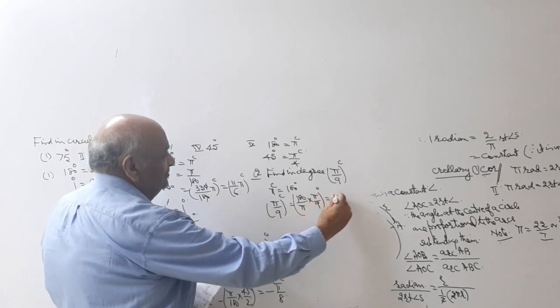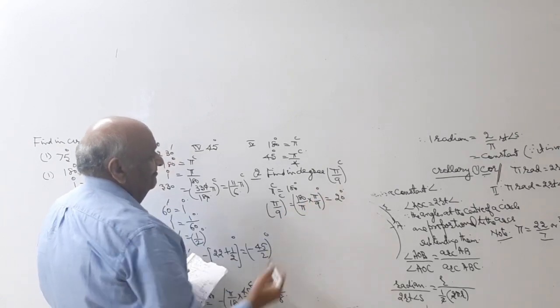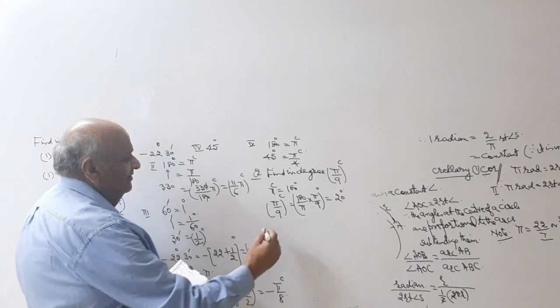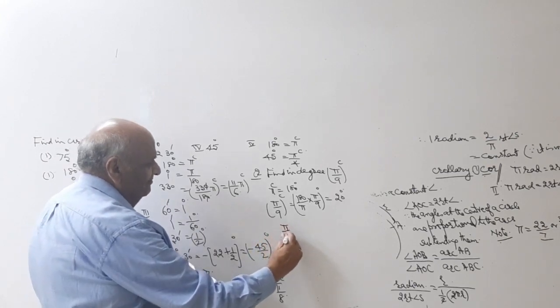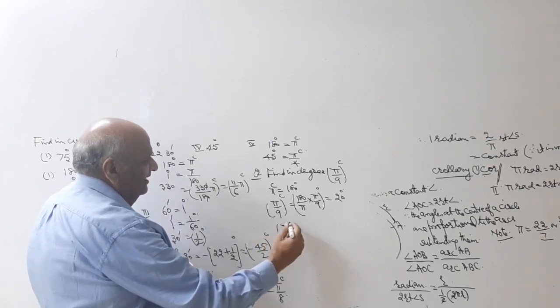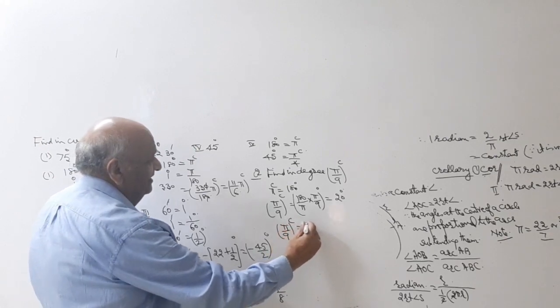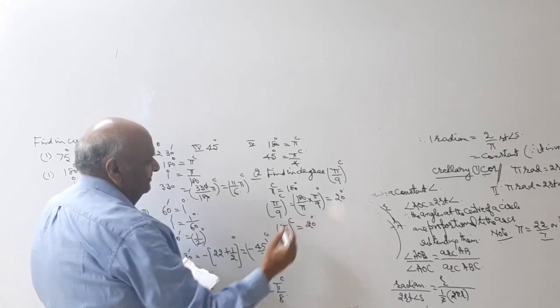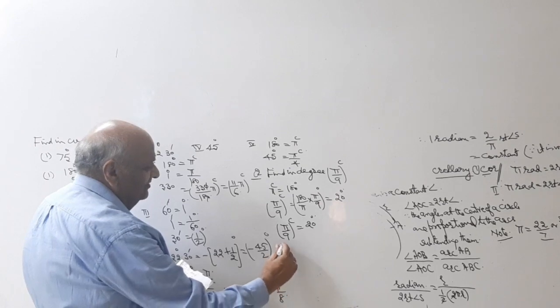That is just 20 degrees. So in this way we can say that pi upon 9 radians is 20 degrees.